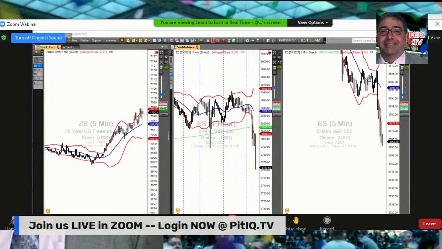Nice break here. We went and retested that spike from a couple days ago. It held there overnight, and then once we got through it here, it opened up the door to this downside trade.